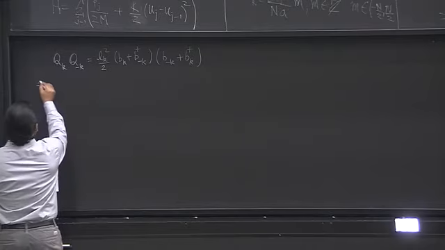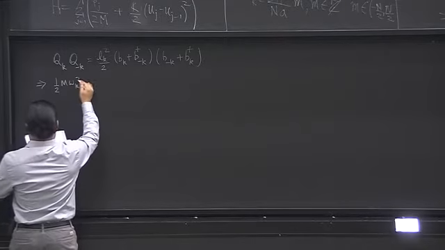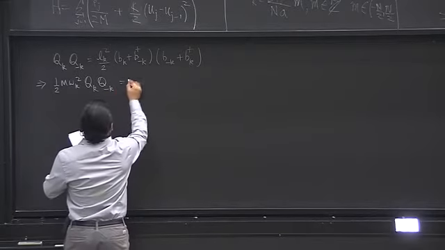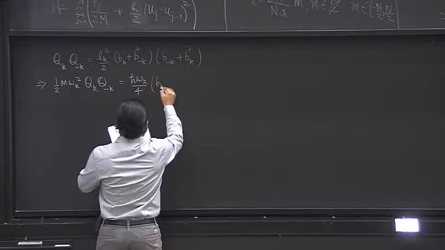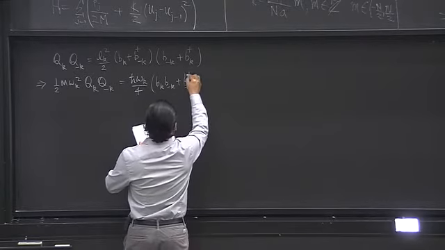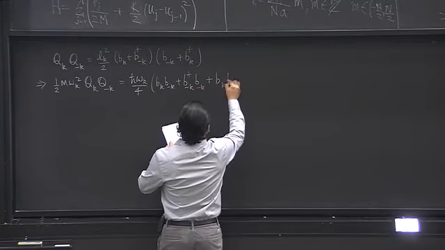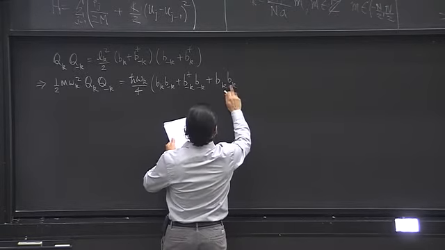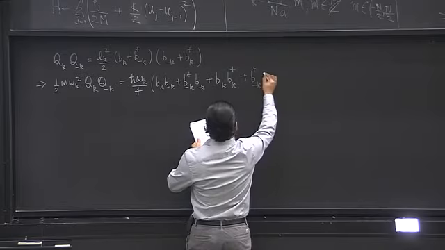So this would imply that this whole thing, half m omega_k squared q_k q minus k, simply becomes h bar omega_k by 4 times b_k b minus k plus b minus k dagger b minus k plus b_k dagger, and the last term with b minus k dagger b_k dagger.